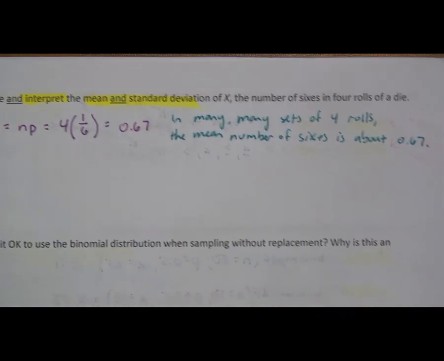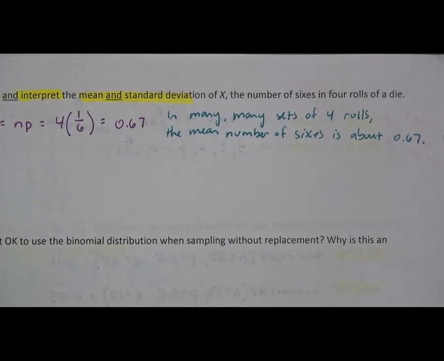I'm going to write it the same way we wrote it in the other classes. That's interpreting what the mean of a binomial distribution is. So if this was a multiple choice question, be sure that it's got the phrase many, many. Be sure that it's talking about in many sets of 4 trials.